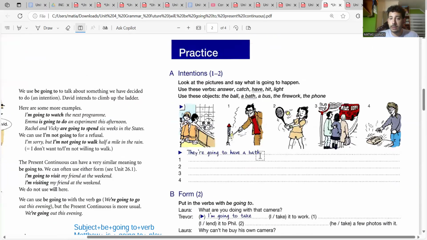Then we have the practice for "be going to." For example, we have first intentions. For intentions, we'll look at the pictures. Then we use a verb and an object to say what's going to happen. So the first one, you see these kids and you use "they are going to have a bath."